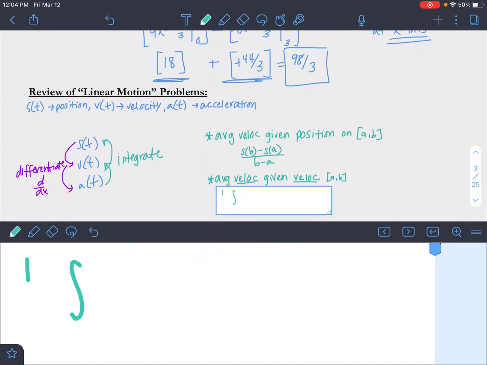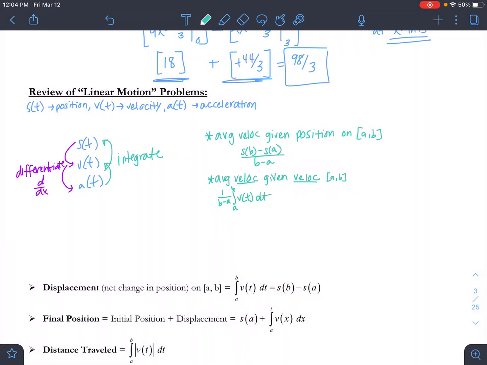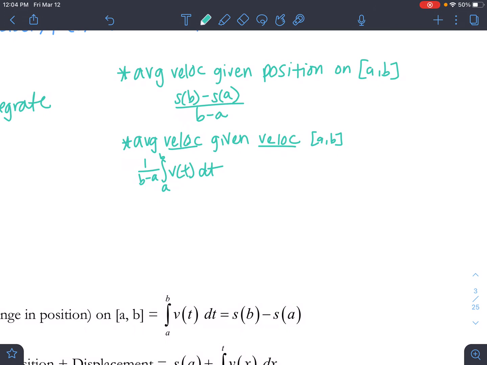So this would be 1 over B minus A, integral from A to B, V of t dt. Okay, so average velocity given a position function, you can use a rock with position. If you're given velocity and you're asked for the average velocity, then just use the average value function. This is what that is, average value of a function.